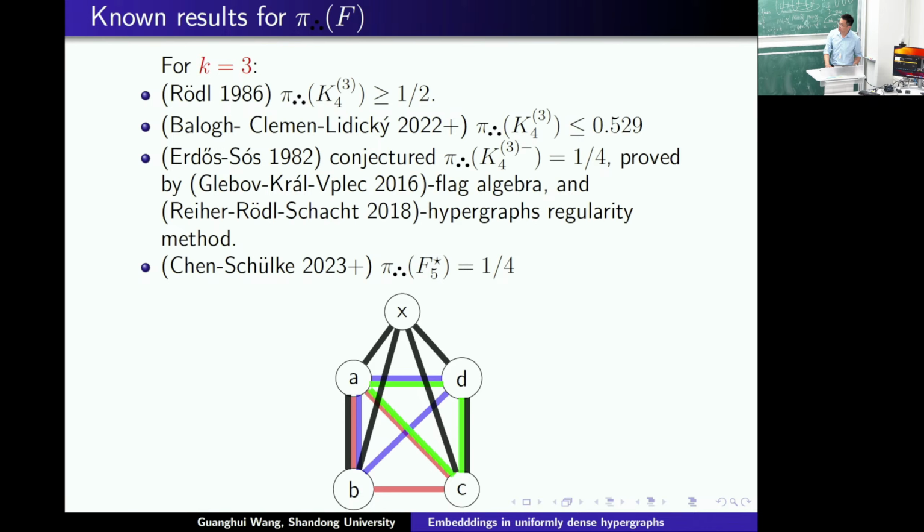In fact, it's K4 minus with an additional vertex x, and we put 2 edges into this graph such that the link of x are 2 matchings. So for x the link graph is AB and CD. They prove that the uniform Turán density of this graph is still 1/4.